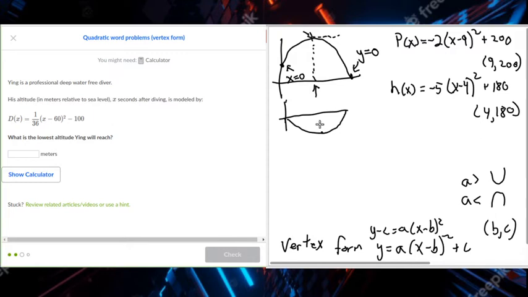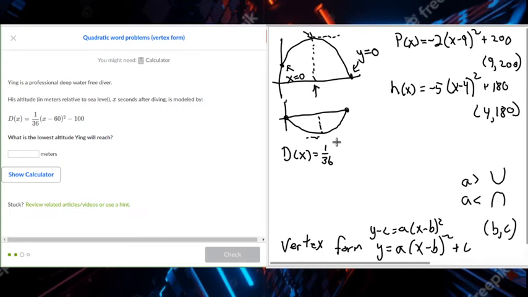So we're either going to want the deepest point, or how deep, or where did he start, or when did he come up. His altitude in meters relative to sea level x seconds after diving is modeled by, how deep is he? 136. So he's not going very deep.